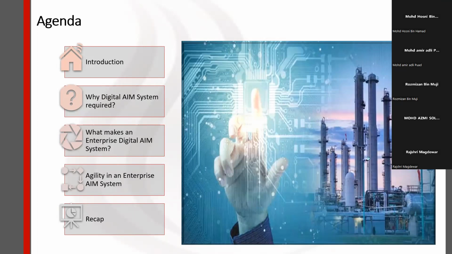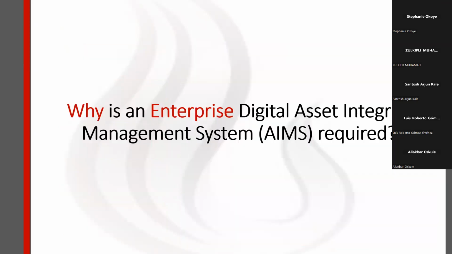So if you do not have agility in the enterprise system, there can't be one that fits all, unfortunately. So agility is important to have within the enterprise system, so that you're able to implement it across all asset types, operating processes and management philosophies. Okay, and I'll wrap it up with a recap.